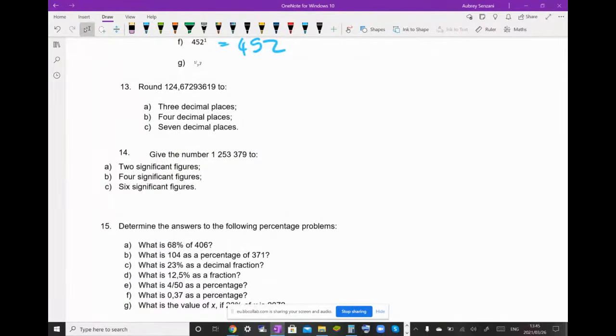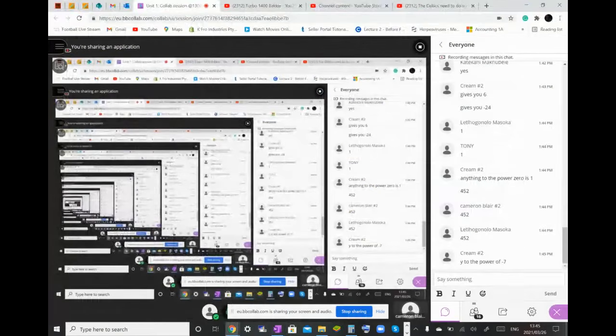Then the last one that we have over there is, I'm just going to write it out here so people can clearly see: 1 divided by y to the power 7. What do we get? Y to the power of -7.